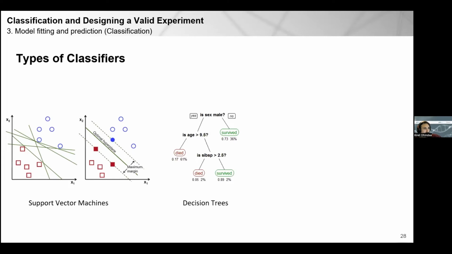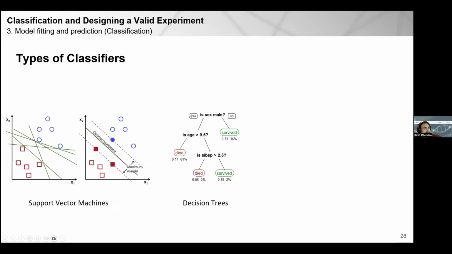Decision trees work very differently from a lot of classifiers. In this case, a decision tree builds a type of logic tree by looking at features or even groups of features separately and trying to find thresholds for those features.